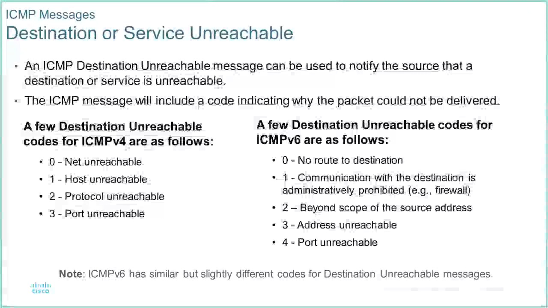So the codes that come back, for example, on destination or service unreachable, are: the network is unreachable, in other words, we can't route to that network; the individual host is unreachable; the protocol is unreachable; or the port is unreachable.